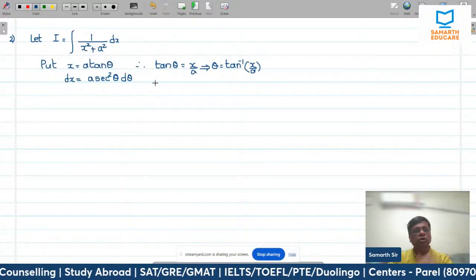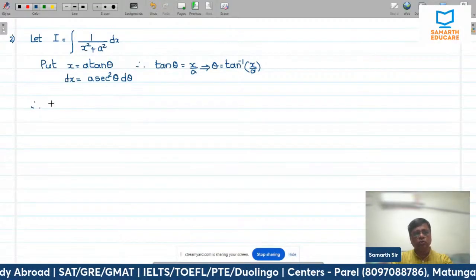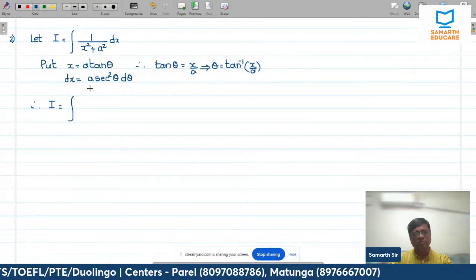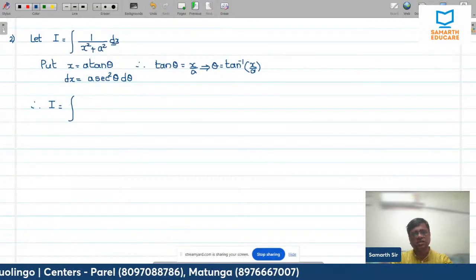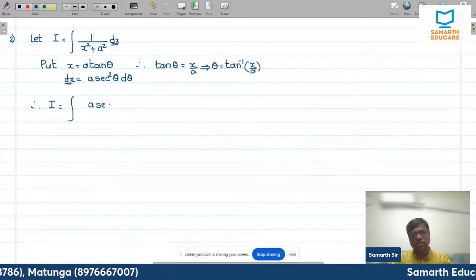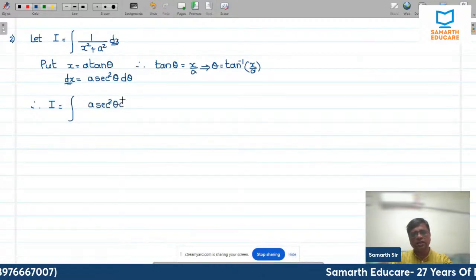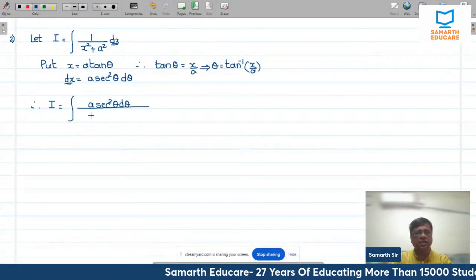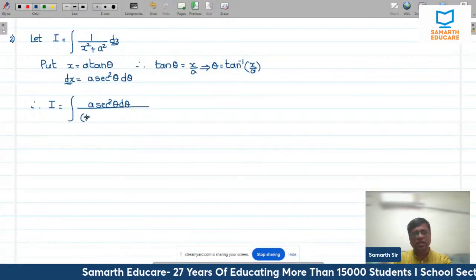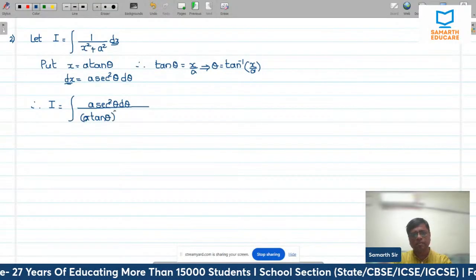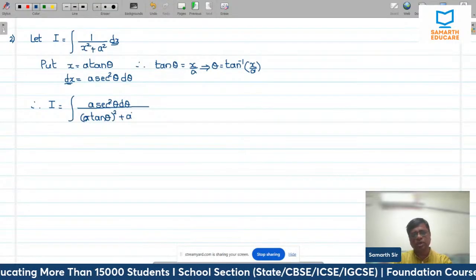Okay, now let us come back to the question once again. I is equal to, remember dx is a sec square theta d theta. x is replaced by a tan theta, plus a square.